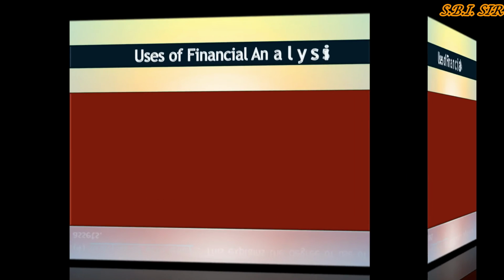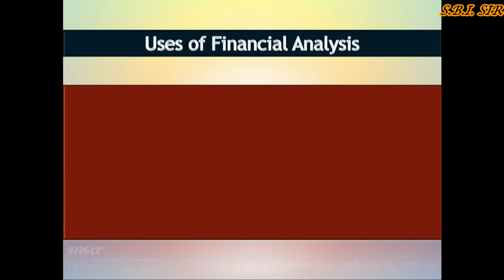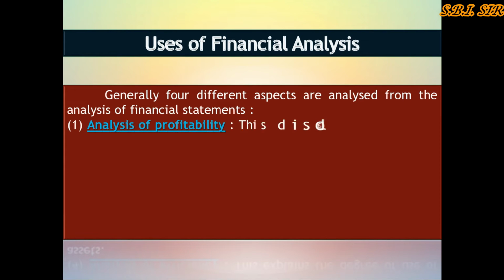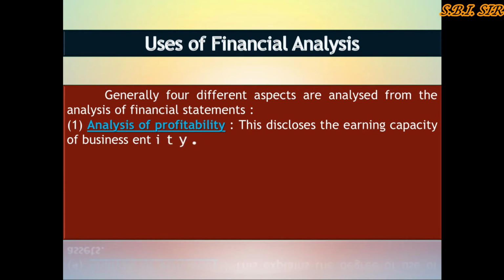Then next, uses of financial analysis. Generally, four different aspects are analyzed from the analysis of financial statements. First one is analysis of profitability. This discloses the earning capacity of business entity.